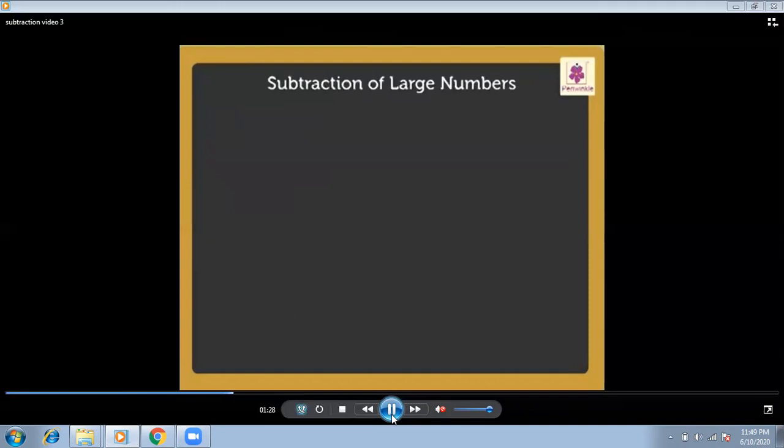Okay. Now, subtraction of large numbers. For example, there are two numbers you can see on your screen, that is 4 crore 2,834 minus 2 crore 68 lakh 14,567. As I already told in my previous session, whether you are doing addition, subtraction, or multiplication, you are always supposed to write the bigger number on top.